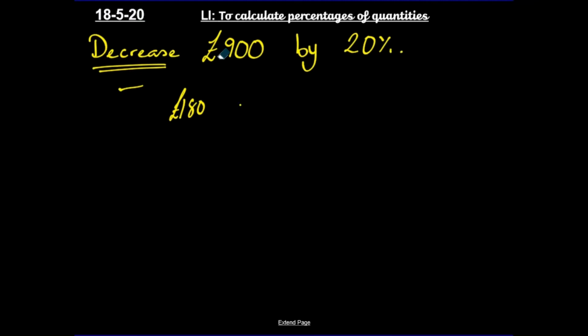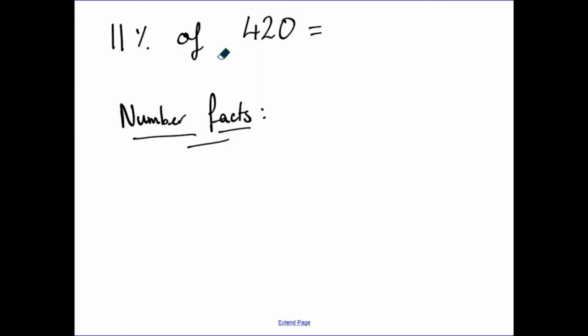So therefore, to decrease this one, I would do £900 minus £180. Which is 900, take away 100 is 800, take away 80 is £720. Okay, and there we go, increase and decrease, and you can see the difference between those there.